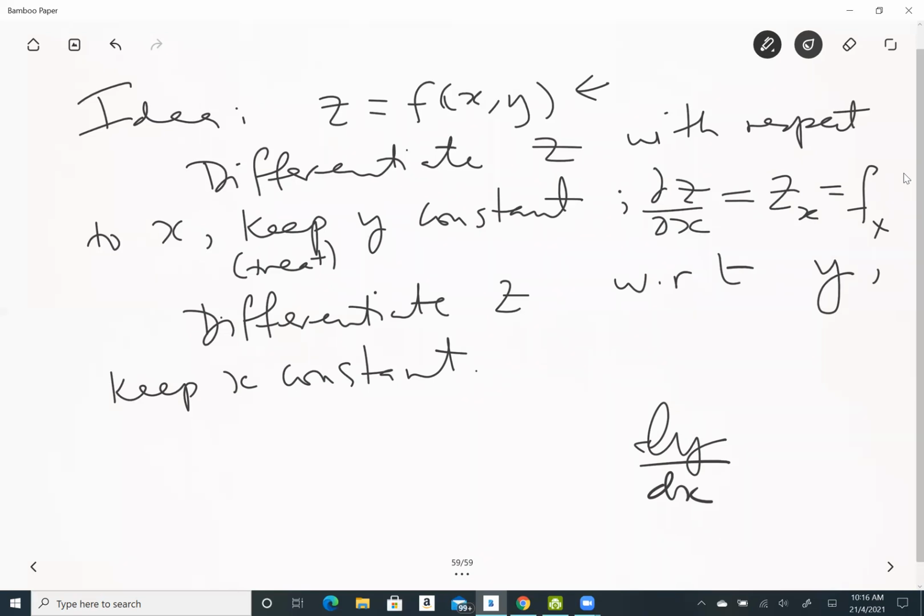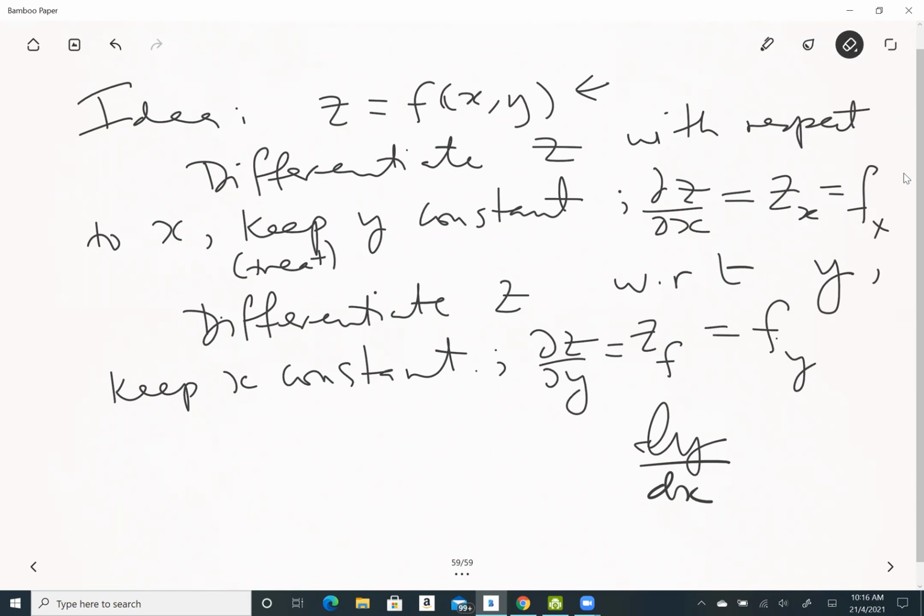For the derivative with respect to y, we call it dz dy, or z subscript y, or f subscript y. These are the common notations that we normally use to indicate the partial derivative with respect to a particular variable.